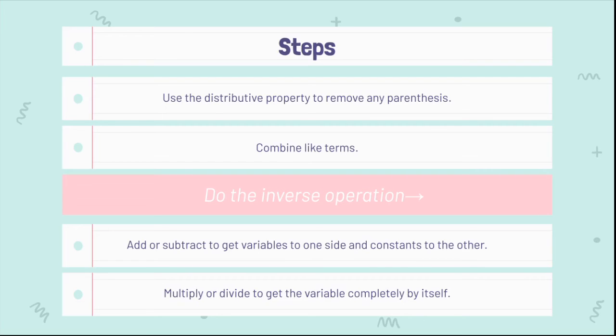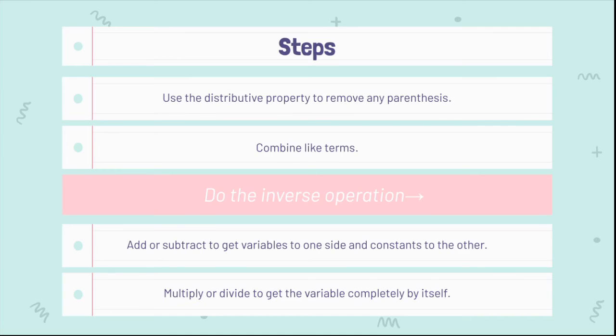The purpose of doing these two steps first is to get it as simple as we can before we start doing our inverse operations. Once we start doing our inverse operations, we would first add or subtract to get variables to one side and constants to the other. And then we would finish off by doing multiplication or division to get the variable completely by itself.